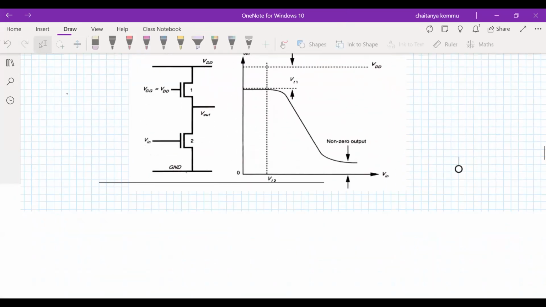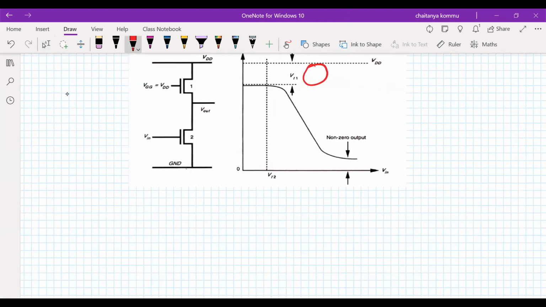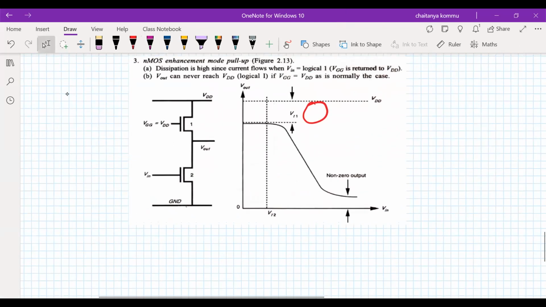So this point also we have studied extensively. Okay, so here this is a problem, as well as this is also another problem. Therefore, the output high value and output low value are both not what they should be: the low is not equal to zero and the high is not equal to VDD. So therefore, it is not at all useful.